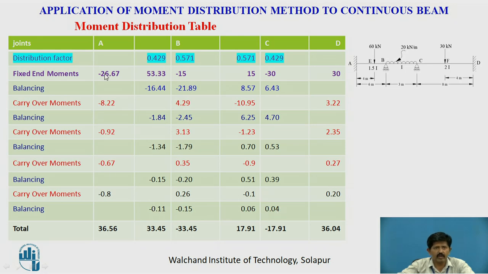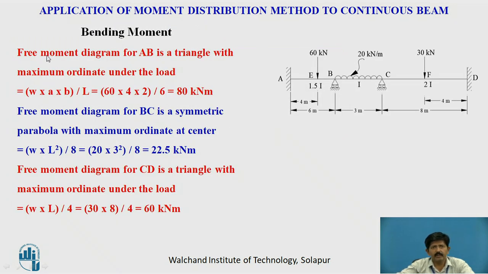After that we have to take a summation of all this moment, that is coming as 36.56 at joint A, then 33.45 at joint B, 17.91 at joint C, and 36.04 at D. Now, a free moment diagram for AB is a triangle with the maximum ordinate under the load.